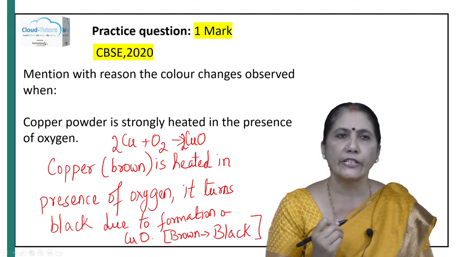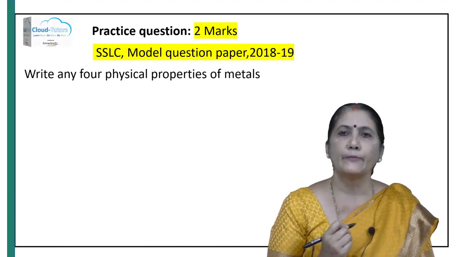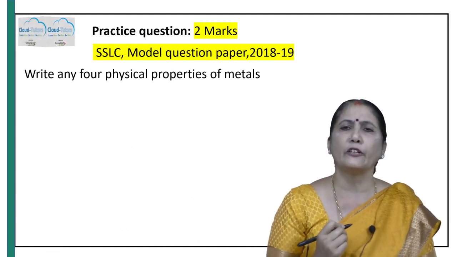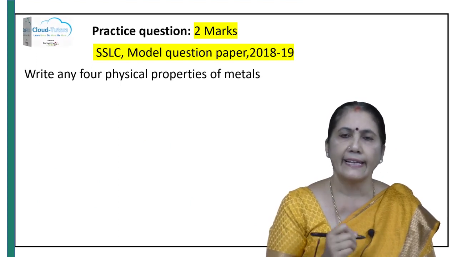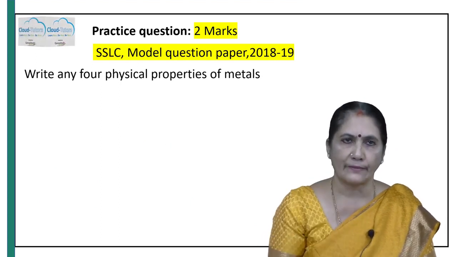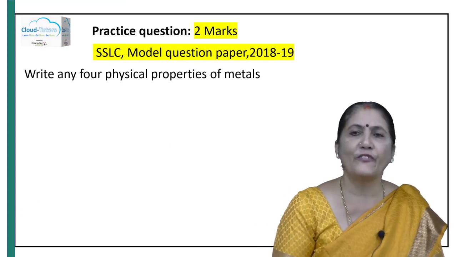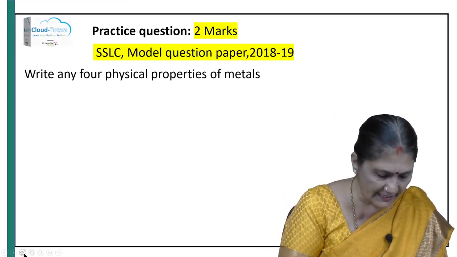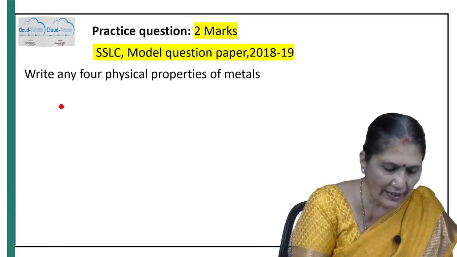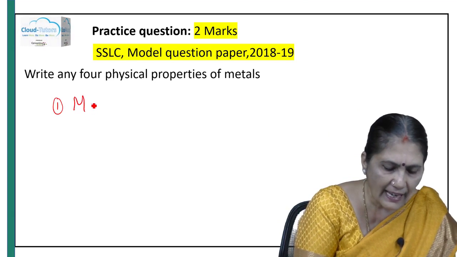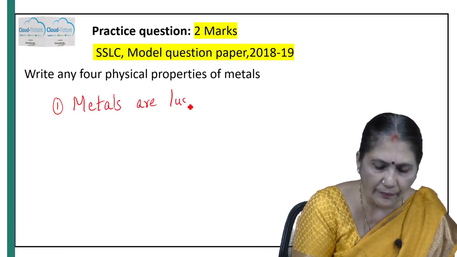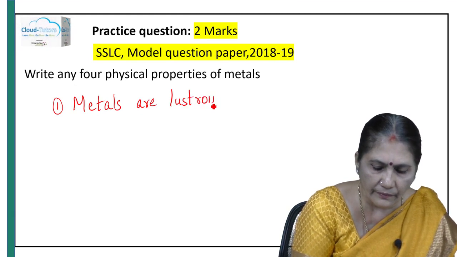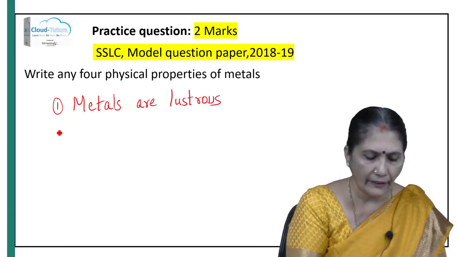Now coming to the next question. It has been asked in the model question paper of 2018 and 19 in the SLC board for 2 marks. Write any 4 physical properties of metals. So you can write metals are lustrous. They have shining property.